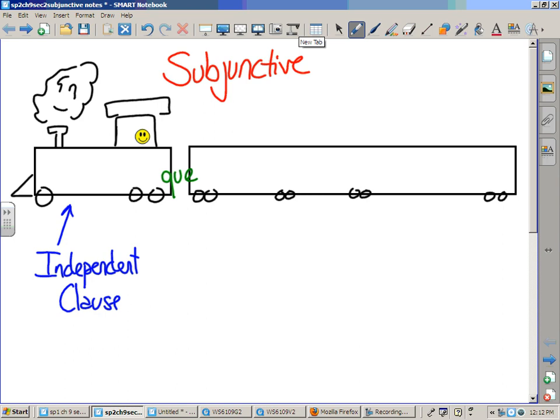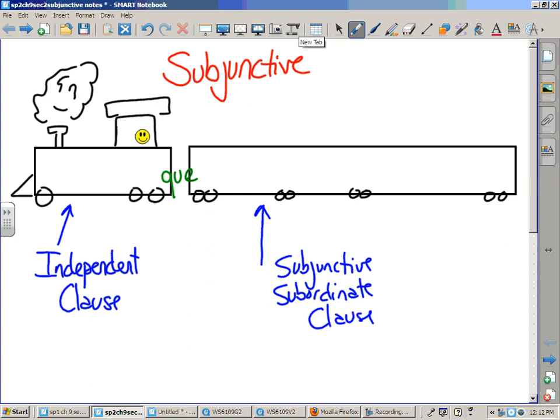And then at the back, we're going to have a subjunctive. And we just learned subjunctive means there's some kind of uncertainty, and it's also subordinate. And subordinate means it relies on, or it's under the power of, this independent clause, okay?